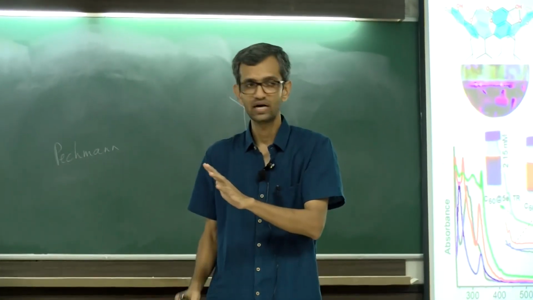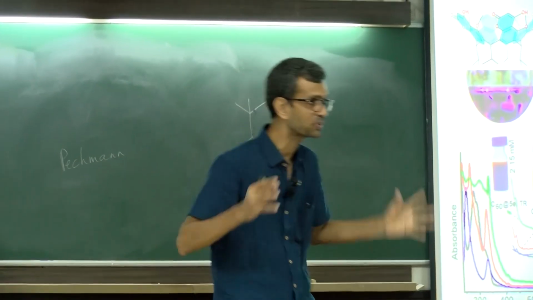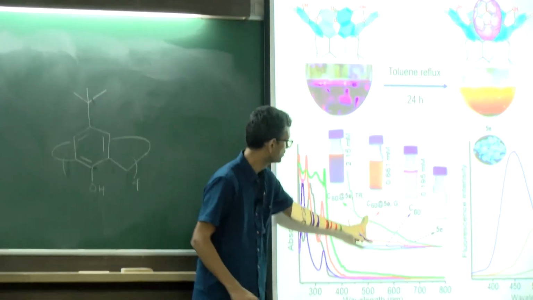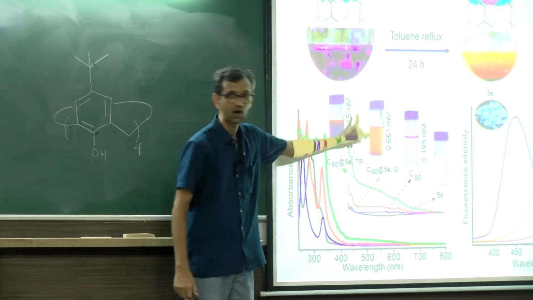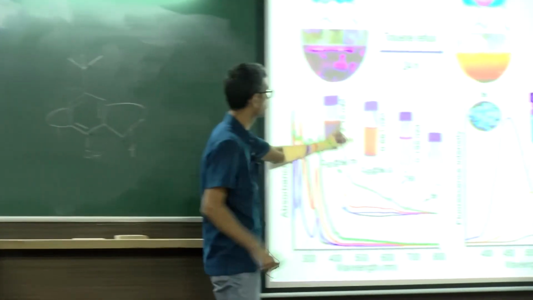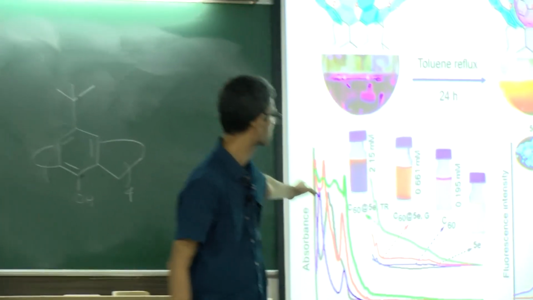So that gave us even more hope, saying that okay, probably we formed a complex and the complex is soluble, right? And if you just take the toluene reflux solid, that also can improve the solubility up to 2.15 molar, which is close to 4 times this concentration, by just grinding.